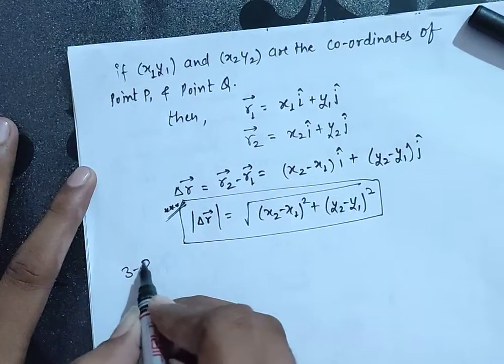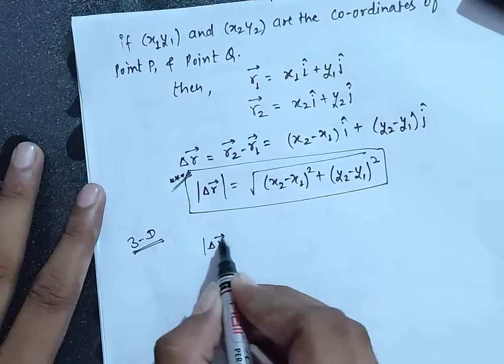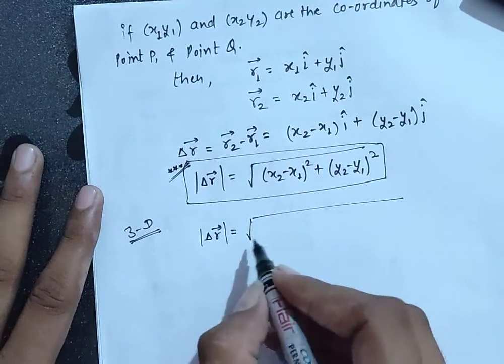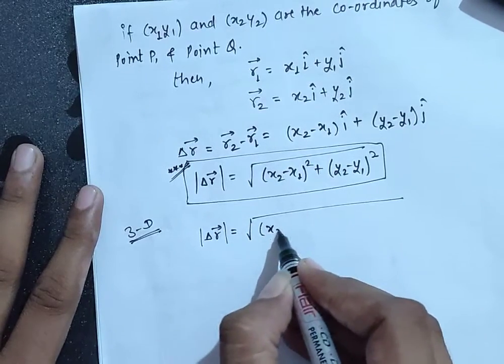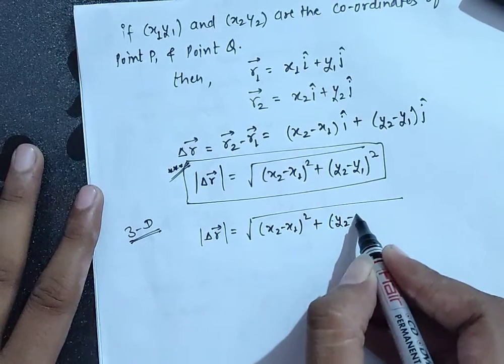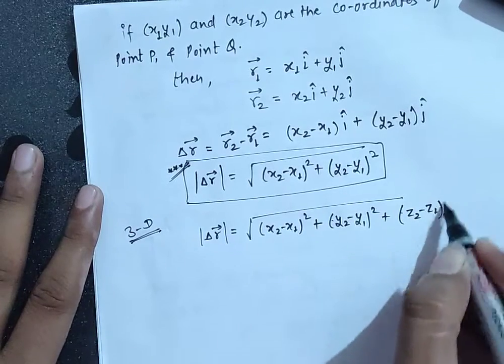We are generalizing this result for three-dimensional space. This result can be written as del r for three-dimensional space: root of x2 minus x1 square plus y2 minus y1 square plus z2 minus z1 square.